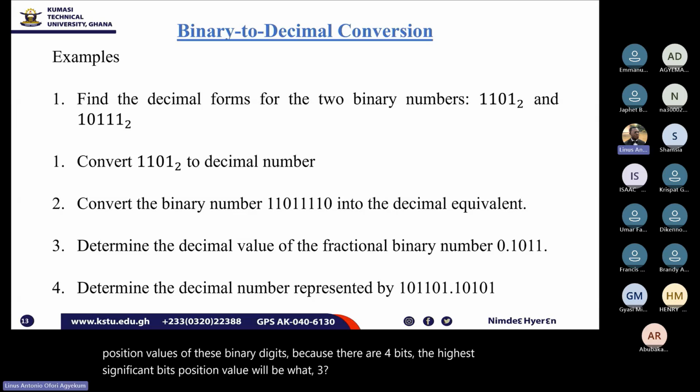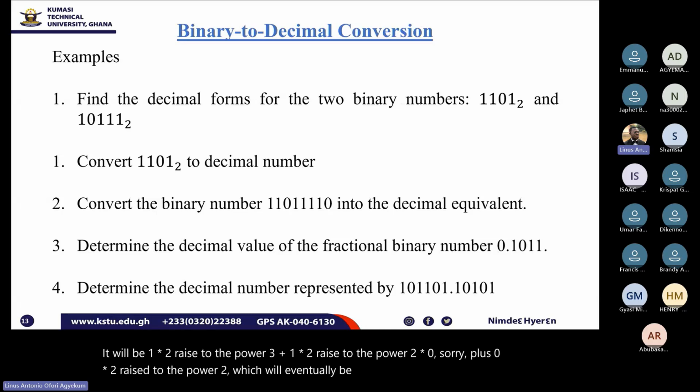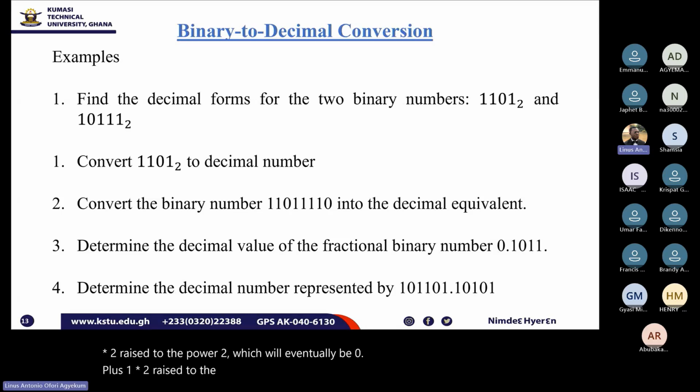So when you take the first one, which is the most significant bit, it will be 1 times 2 raised to the power 3, plus 1 times 2 raised to the power 2, plus 0 times 2 raised to the power 1, which will eventually be 0, plus 1 times 2 raised to the power 0, okay?